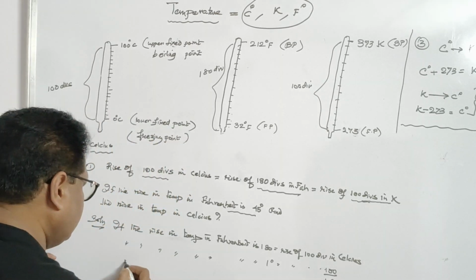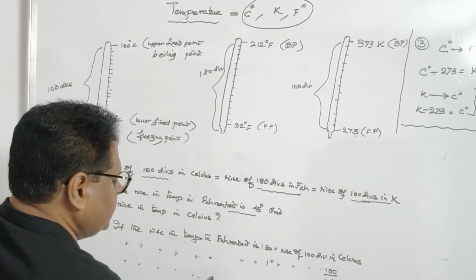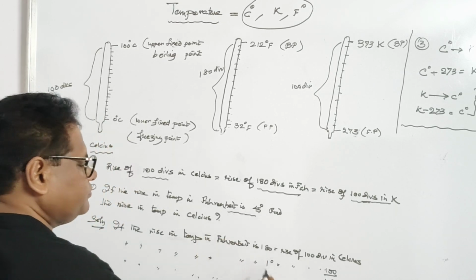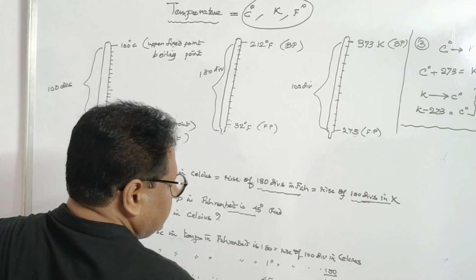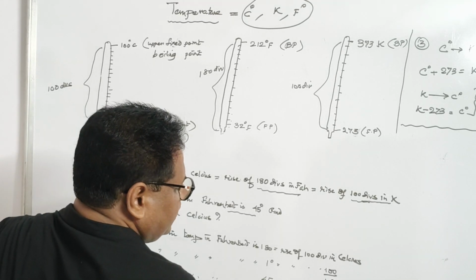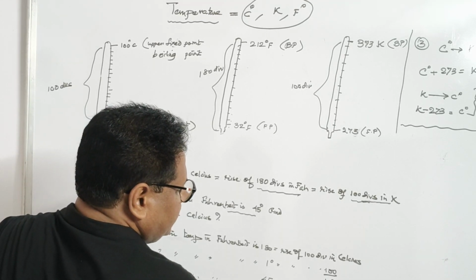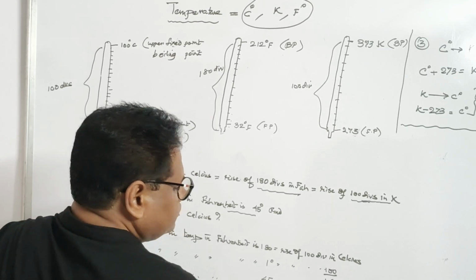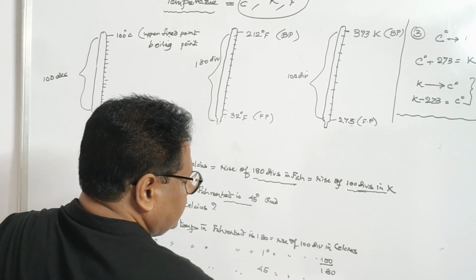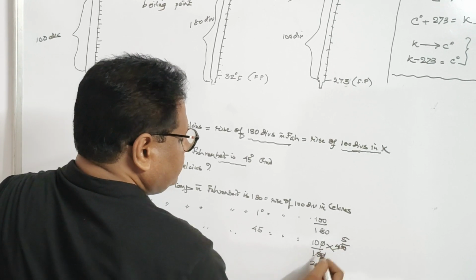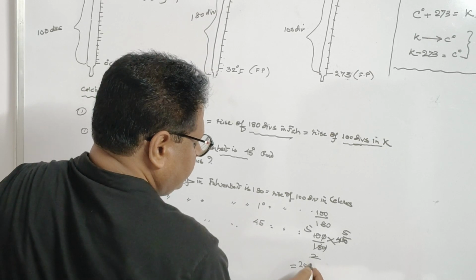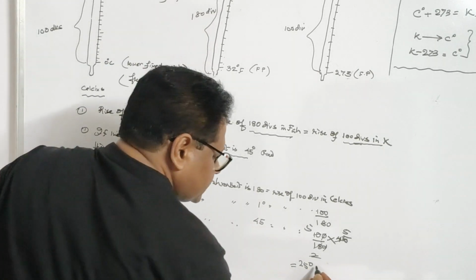Now if the rise in Fahrenheit is 45 degrees, as given in the question, then the rise in Celsius will be 100 by 180 into 45. The 0 cancels, 9 2s, 9 5s, 2 5s, so it comes to 25 degrees Celsius rise.